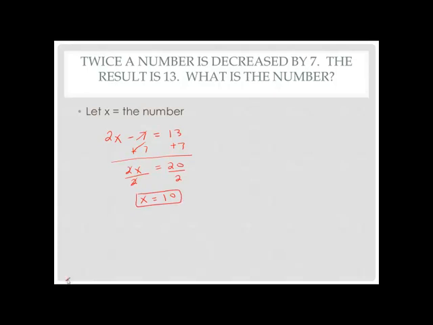Now you can always check your answers in equations. You can check your answers by taking the solution you got and plugging it back into your original equation to see if the sides balance out. So if I take that 10 and replace x with it, sorry, that should have been a 7 there.